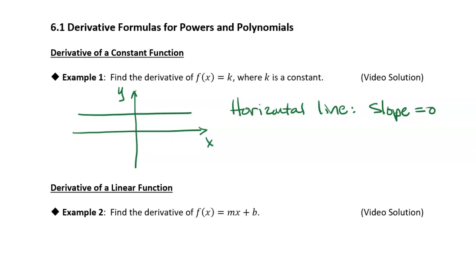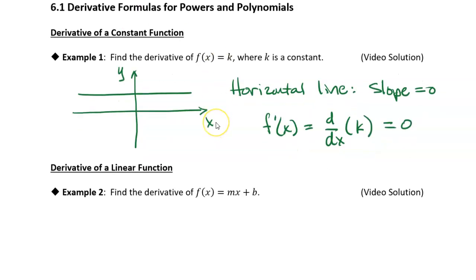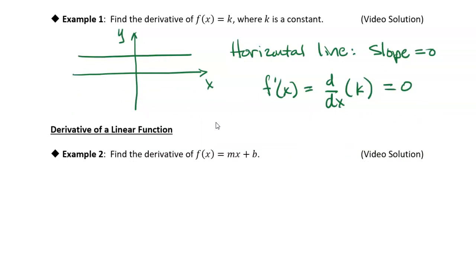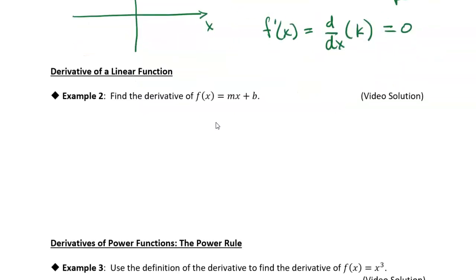So if we have a constant function, then f prime of x, which I'll write as d dx of the function k, which is just a constant, is equal to 0. All right, so that's pretty straightforward. And the next one is also pretty straightforward, the derivative of a linear function.